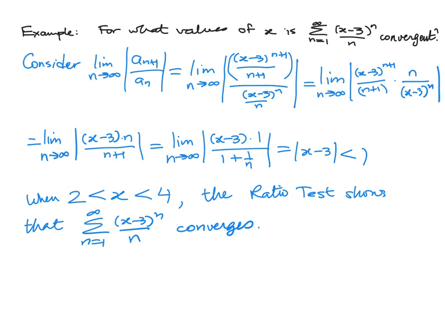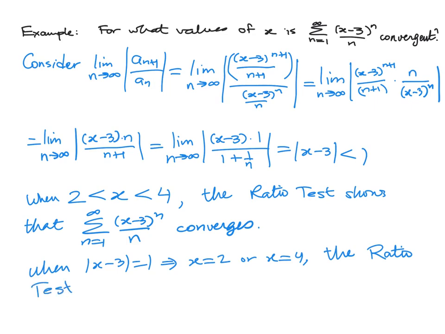So I cannot make any conclusions about what happens when this is equal to 1. So I need to say that when absolute value of x minus 3 is equal to 1, which really means that x equals 2 or x equals 4, the ratio test is inconclusive. So I'm going to have to come up with some other method. So I'm going to have to go to the next page here to finish this off.